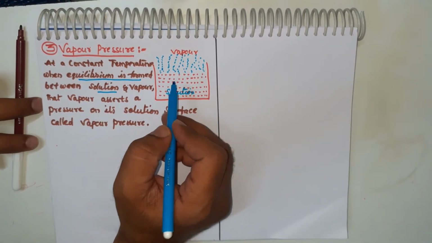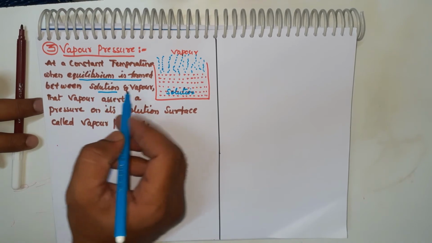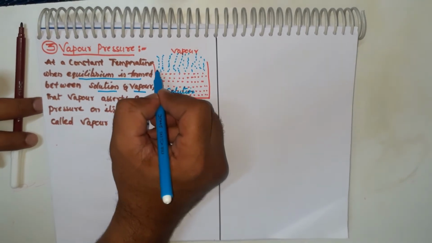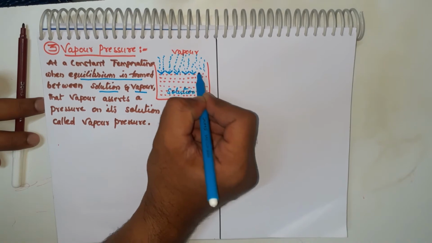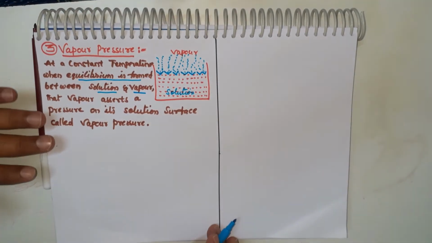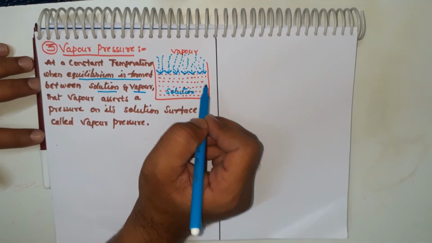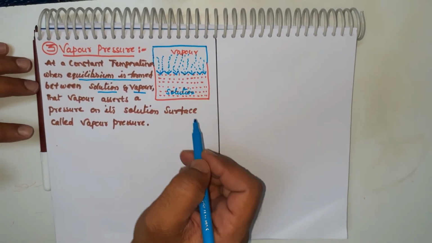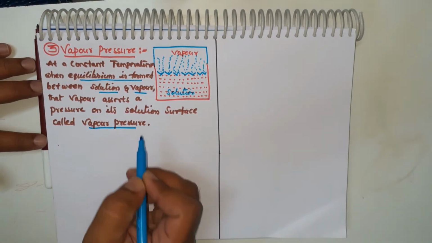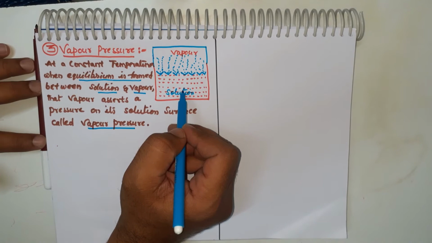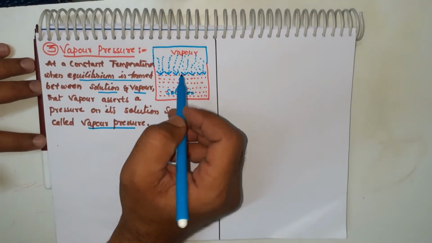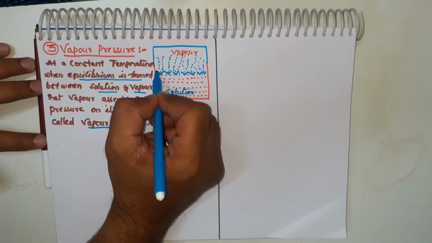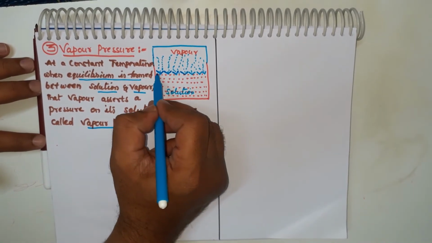At constant temperature, when equilibrium is formed between solution and vapor, that vapor exerts a pressure on the solution's surface in a closed vessel.